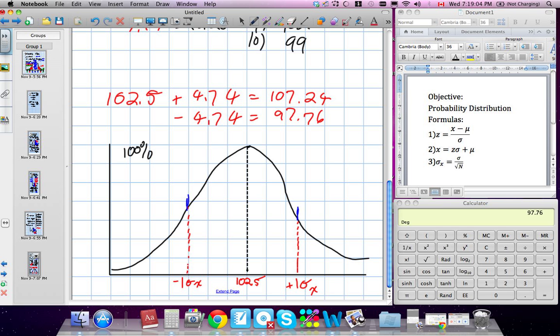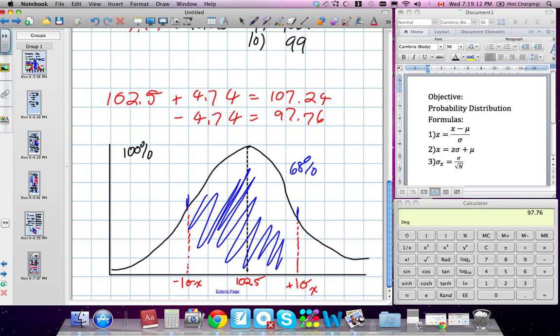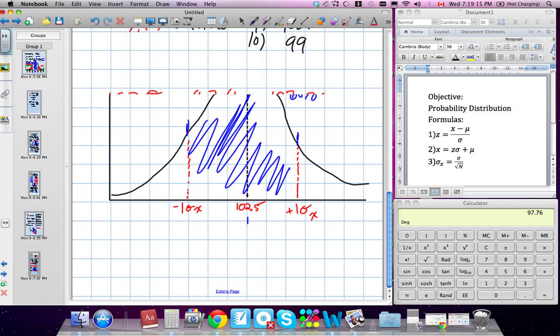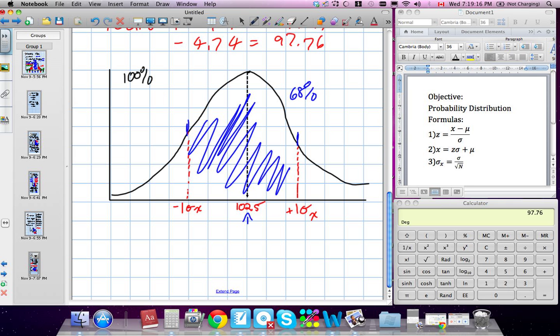This is minus 1 standard error. Remember when we were relating it back before, we know that this entire area is 100%, or 1 unit. So between one positive and negative standard deviation, do you remember what percentage this was? 40 something. Well, the total actually ended up being 68%, right? So 68% of all data falls in there.